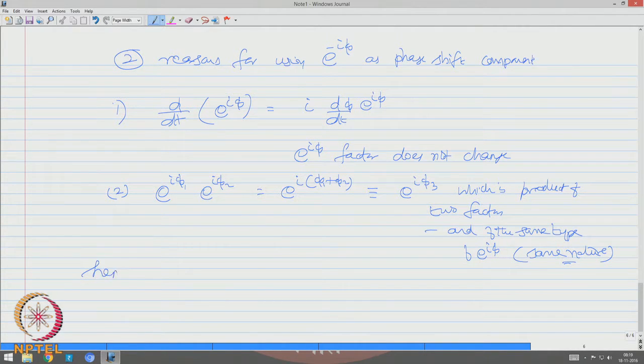Hence, we now agree that H of omega can be said as 1 by k of 1 by root of 1 minus beta square, whole square, plus 2 zeta beta the whole square, of e power minus i phi.